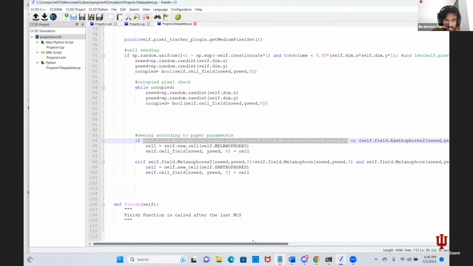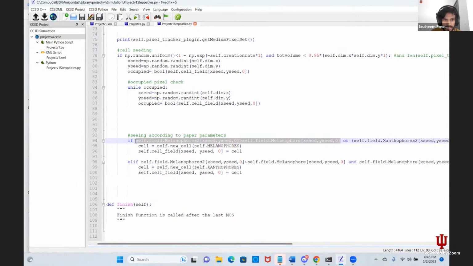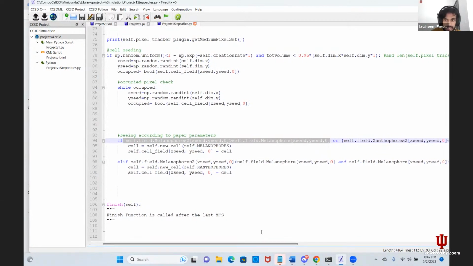If you just had this, you would just start generating a melanophore stripe, and that stripe would just persist. You would have a stripe of melanophores and nothing else would happen, and melanophores would only generate if they were close to other melanophores.